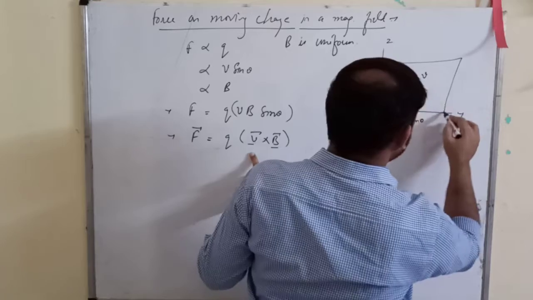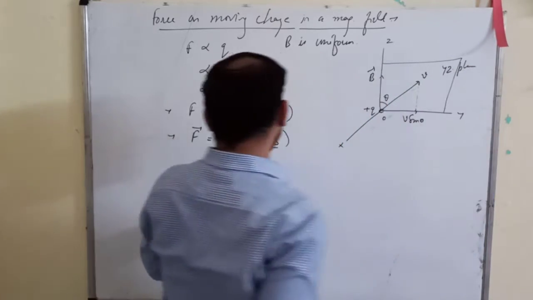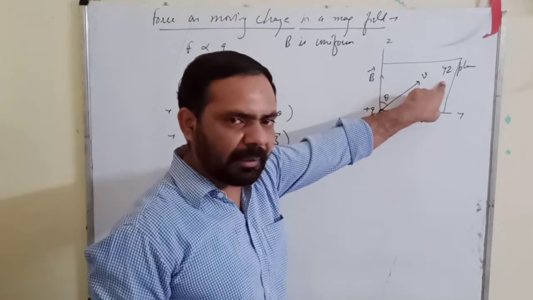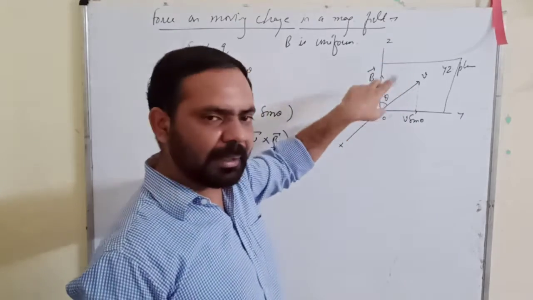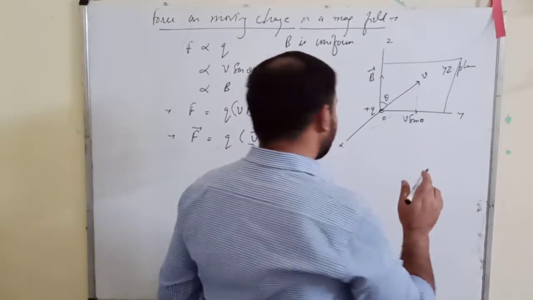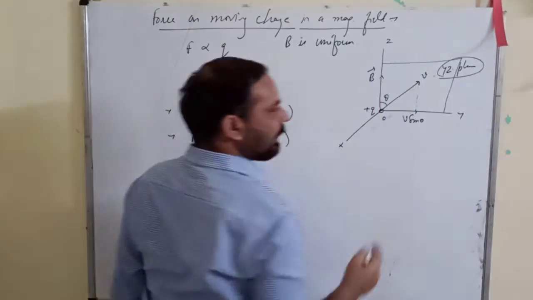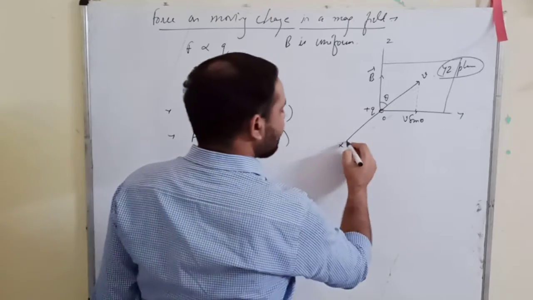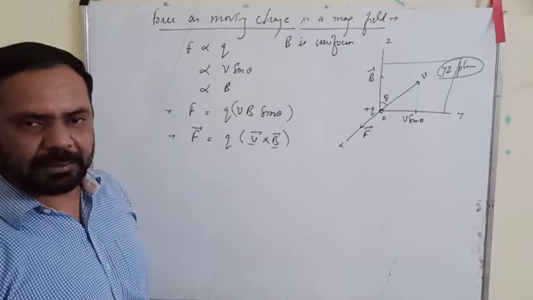So F vector should be perpendicular to the YZ plane as well as the Z axis. YZ plane already involves the Z axis, so it simply means the direction of F vector should be perpendicular to the YZ plane. Which axis is perpendicular to the YZ plane? This is the X axis. So the direction of force will be along the X axis.